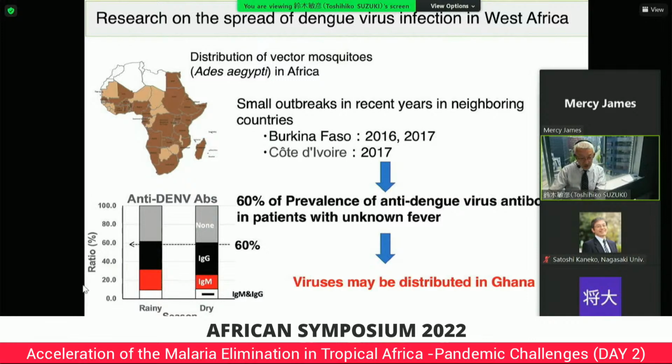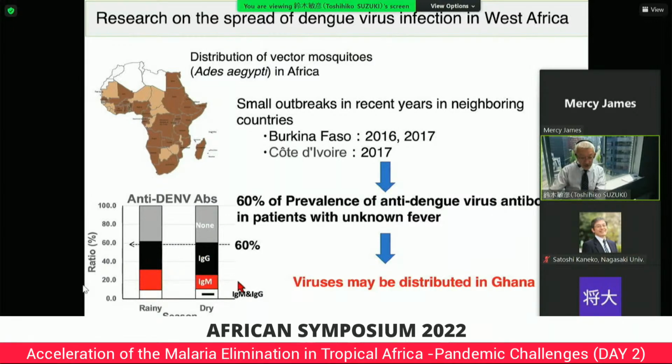To investigate the actual infection rate of dengue virus in Ghana, we first collected sera from patients with fever of unknown origin who were diagnosed to rule out malaria, and examined the dengue virus antibody titer in the serum of the patients.